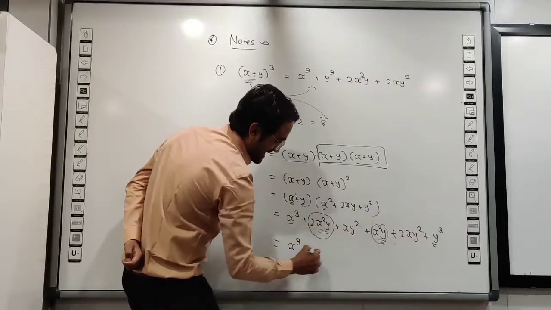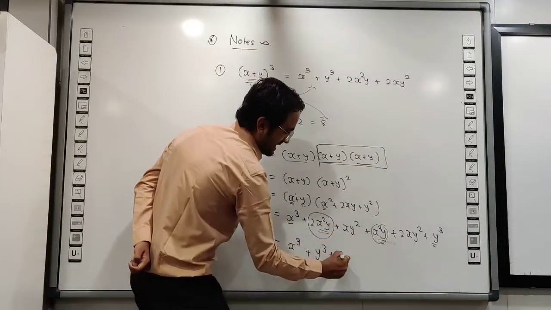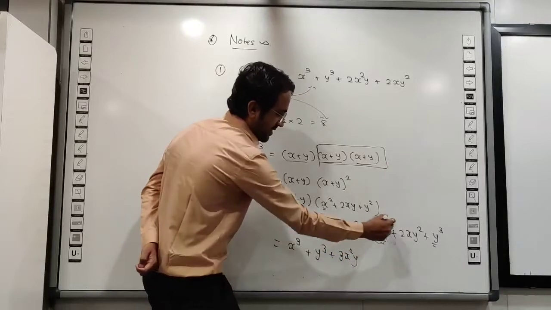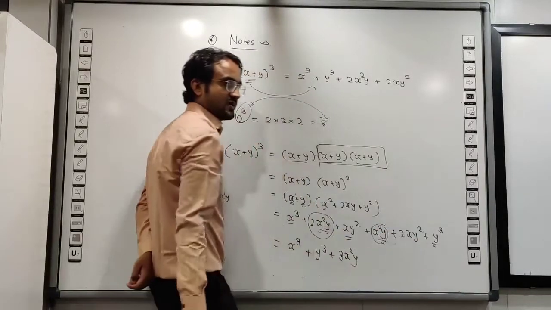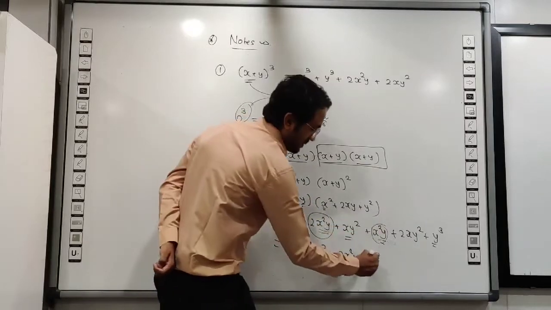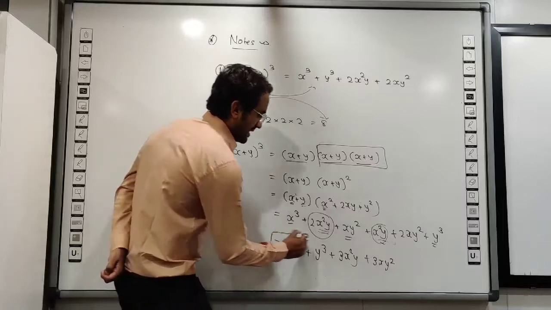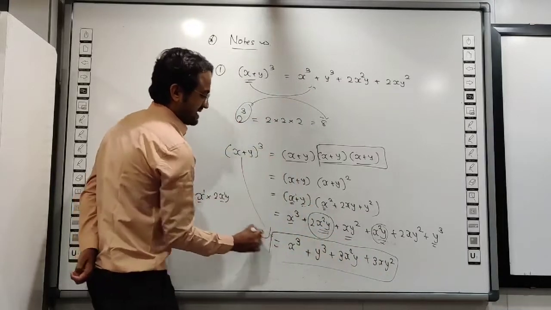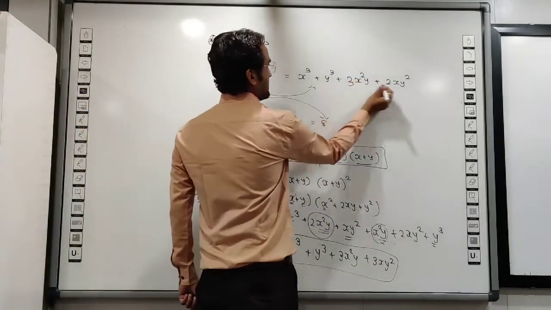So you can write x cube plus y cube plus 3x square y. The second one, xy square and 2xy square, are both like terms. So 1 plus 2 is 3, so 3xy square. So your question is like this, your answer is like this.